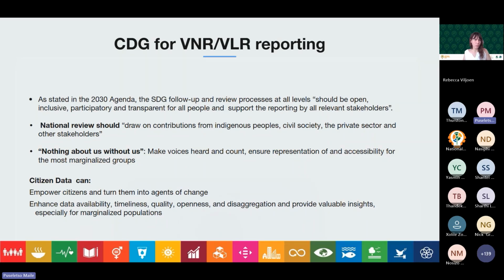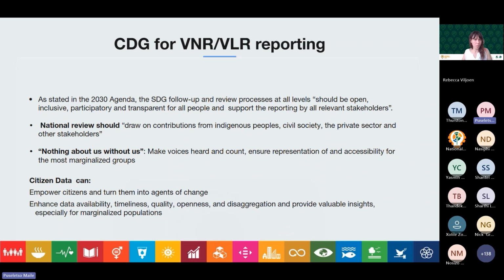So for the 2024 voluntary national review processes, we had a civil society report, we had the national report, we also had a private sector report, which was compiled by the UN Global Compact. It also states that there should be nothing about us without us.